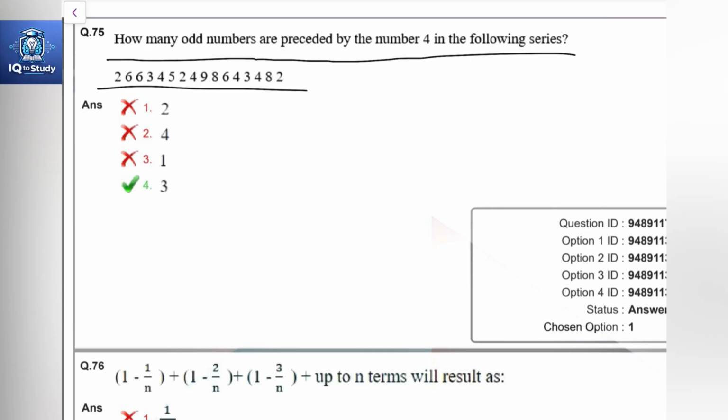Given the series is 26634524986434882. We have to find how many odd numbers are preceded by 4. It's 45, 49 and 43. So 3 odd numbers are preceded by 4, which is option number 4.